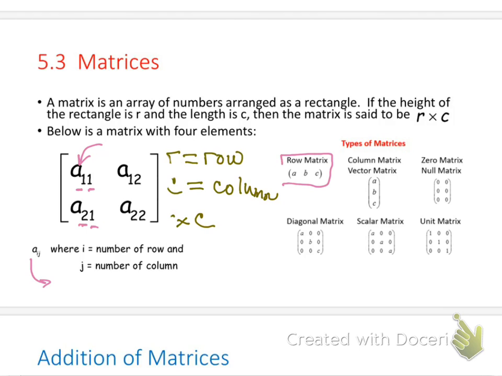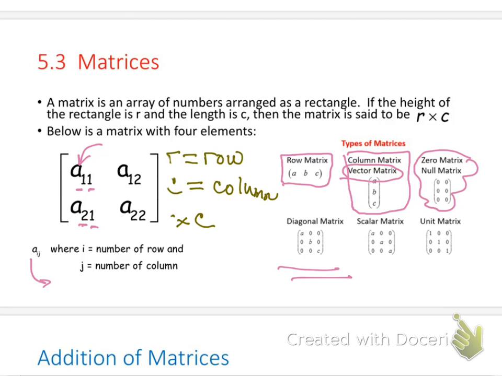If you have a pure row matrix, this is what it looks like. It consists of one row. Here is a pure column matrix. Column matrices are what we're using with our vector matrices. A zero matrix has nothing but zeros in it. A diagonal matrix has values on the diagonal, but nowhere else.